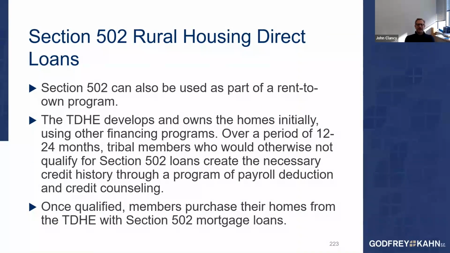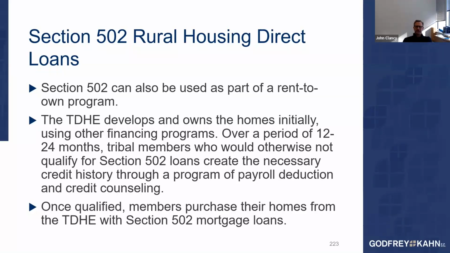And then 502, I'm sorry, it can also be used as a part of a rent to own program. The TDHE develops and owns the homes initially using other financing programs, and then over a period of, let's say, 1 to 2 years, the members that could not otherwise qualify for 502 loans can build up their credit history through a payroll deduction type program and credit counseling, and then be able to purchase the homes and get the 502 loans.